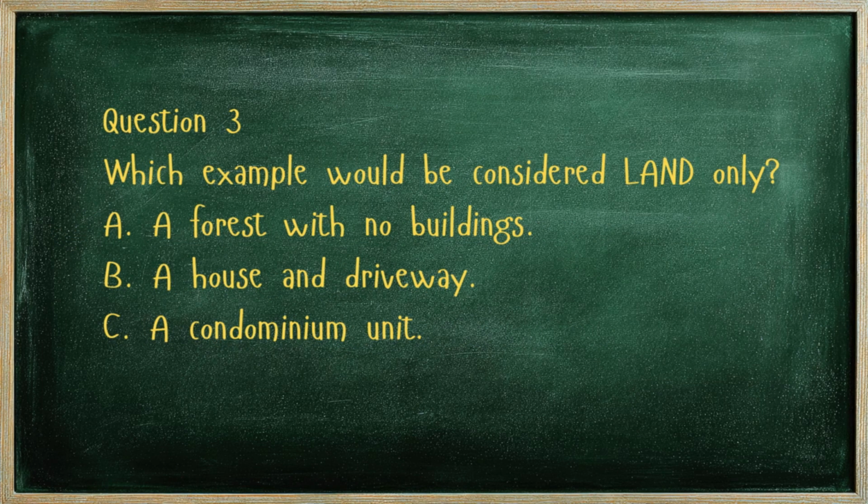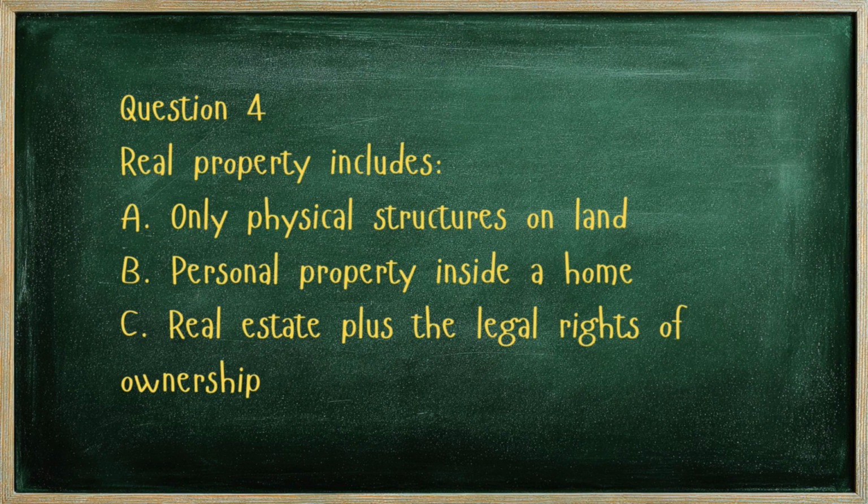Question number 3. Which example would be considered land only? A, a forest with no buildings. B, a house and driveway. C, a condominium unit. The answer is A, a forest with no buildings. Question number 4.